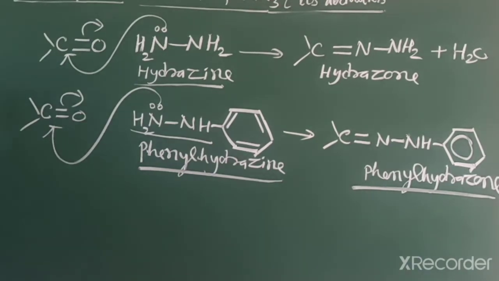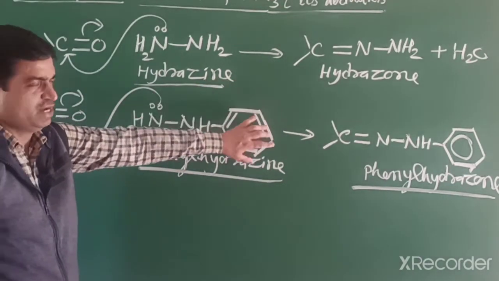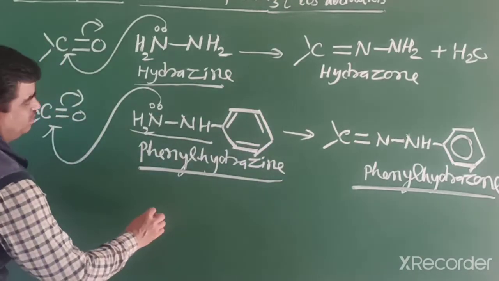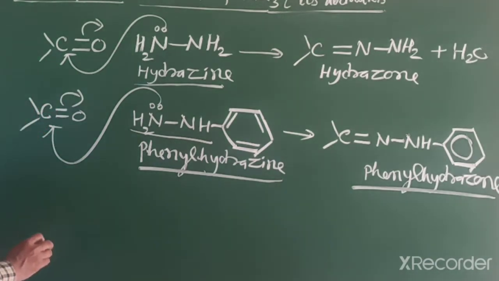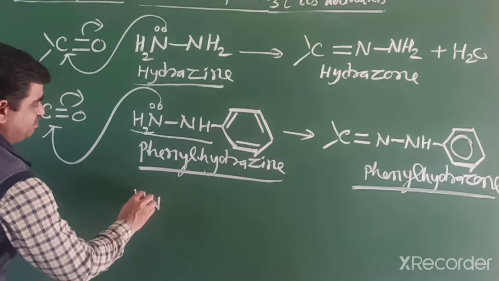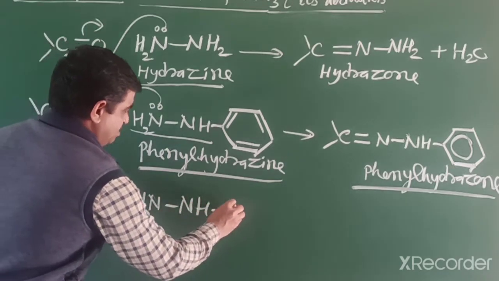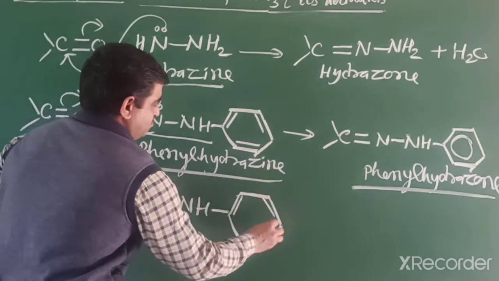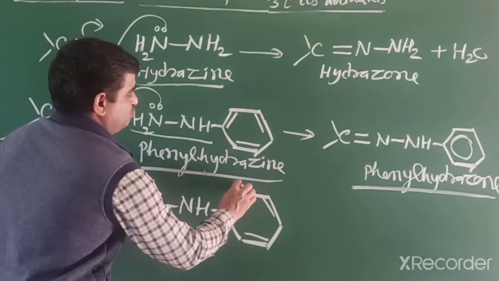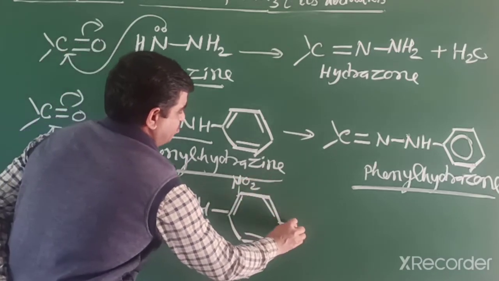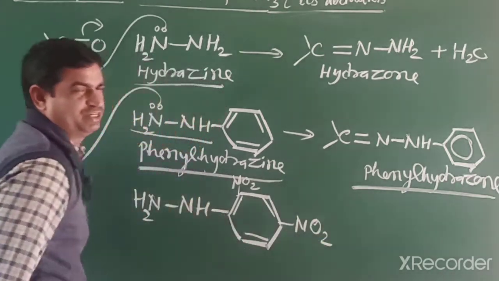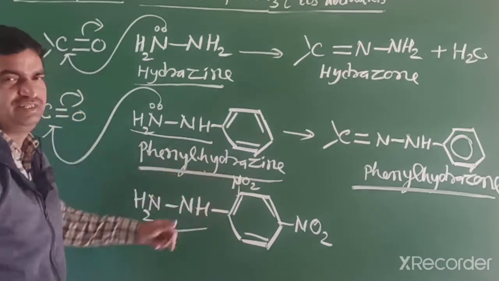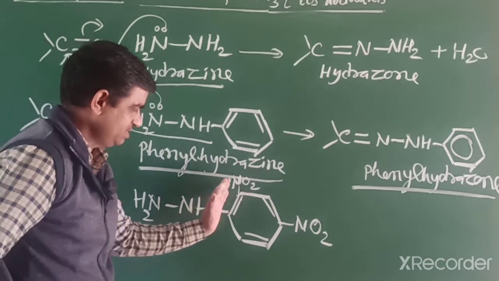Another reagent: if this phenyl group is further substituted by nitro groups, that has a special name, known as 2,4-DNP reagent. Means phenylhydrazine is further substituted by nitro groups at positions 2 and 4, two nitro groups attached. How can we write its IUPAC name? The main compound is hydrazine, NH2, and there is a phenyl group.